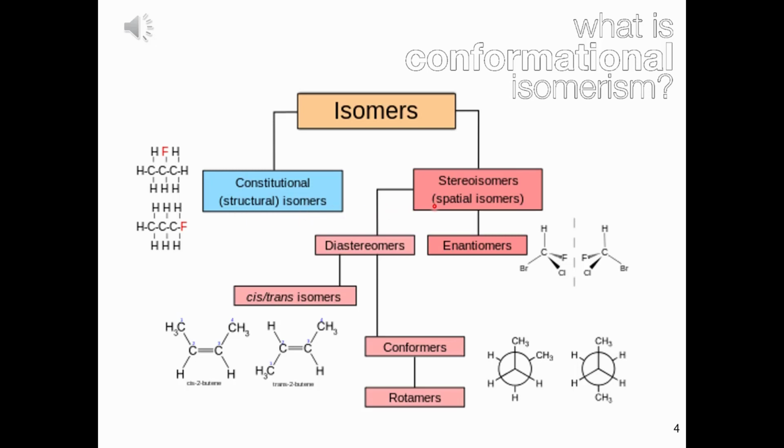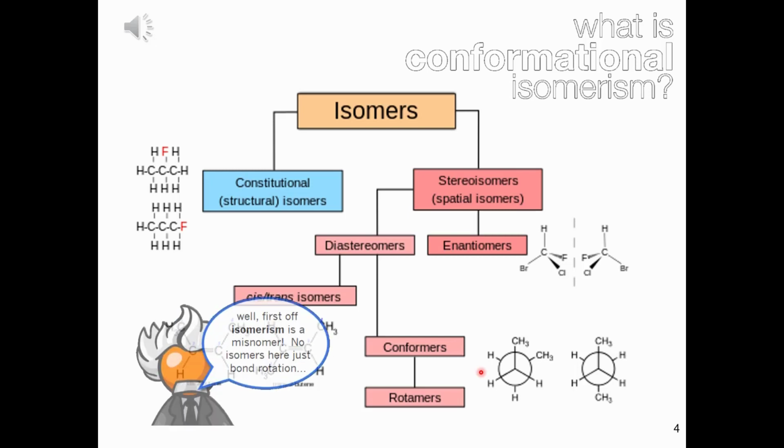The other type of isomerism includes stereoisomers, and we've already seen cis and trans isomers as a form of diastereoisomerism for alkenes. This second type of diastereoisomerism are conformational isomers, also called rotamers, and these are not really thought of as being isomers because they are produced by the rotation or twisting about a sigma bond, and these are often rapidly interconverting at room temperature.